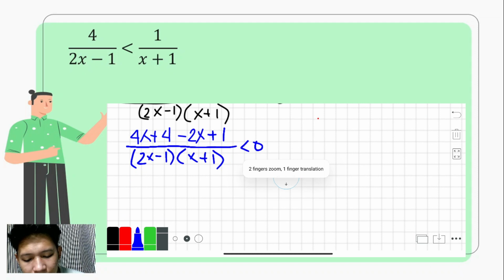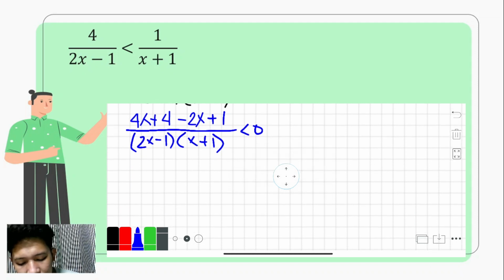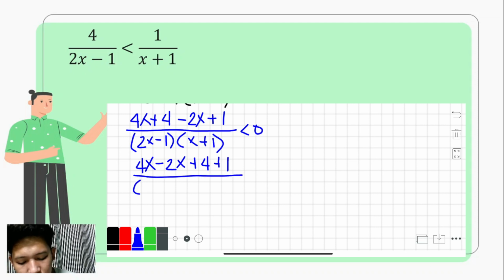And then after that, simplify pa po natin. We still have 4x minus 2x plus 4 plus 1 over 2x minus 1 times x plus 1 is less than 0.